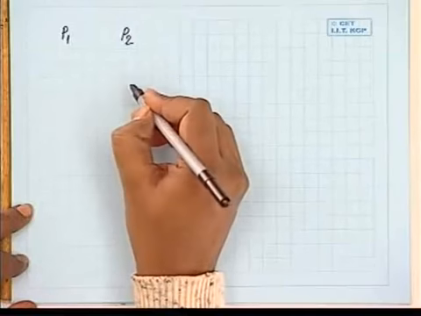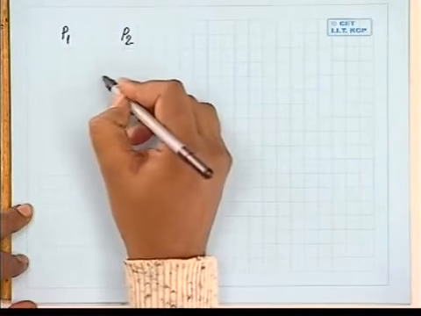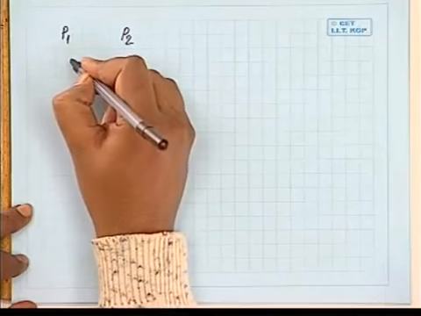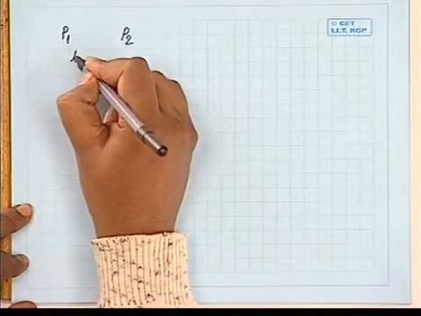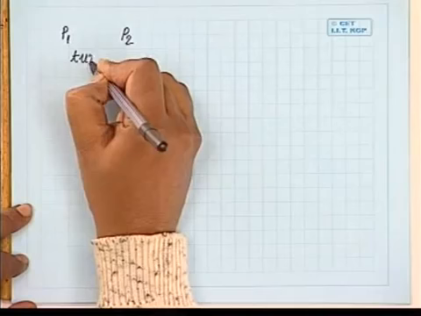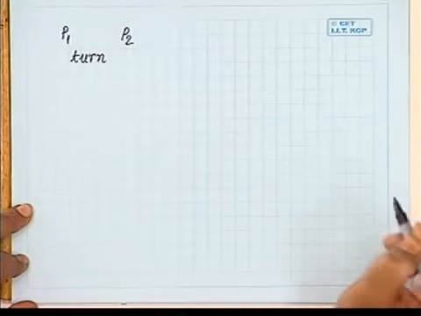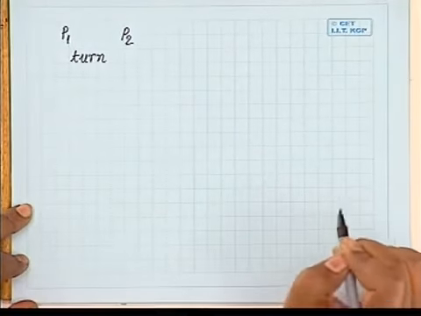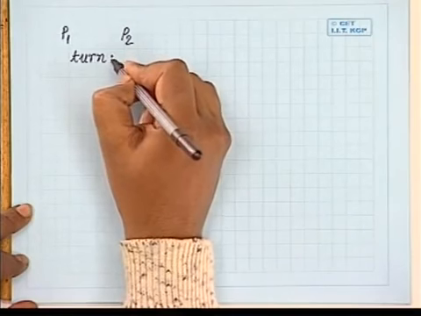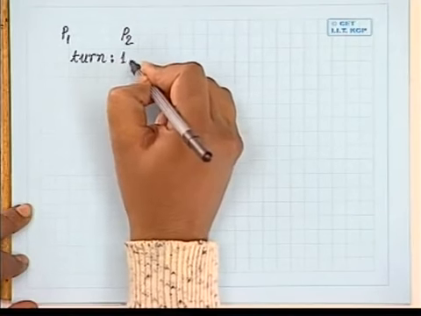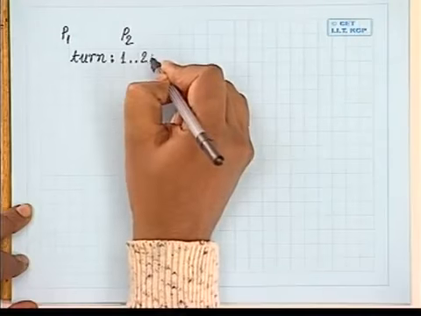In the entry section, let us call that shared variable turn, because it decides whose turn it is to enter the critical section, and turn can assume a value of either 1 or 2.